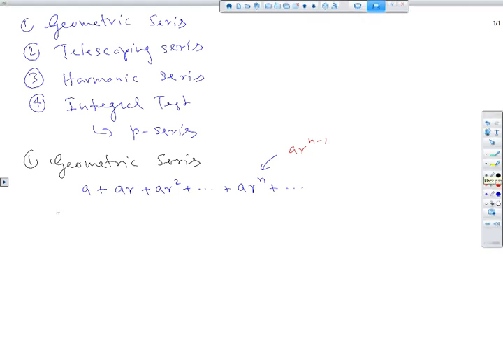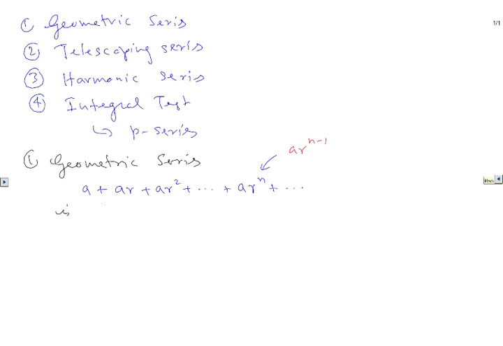So this one is called a geometric series. A geometric series converges when the absolute value of r is less than 1.